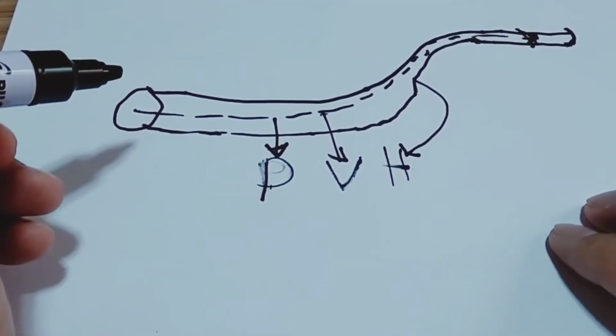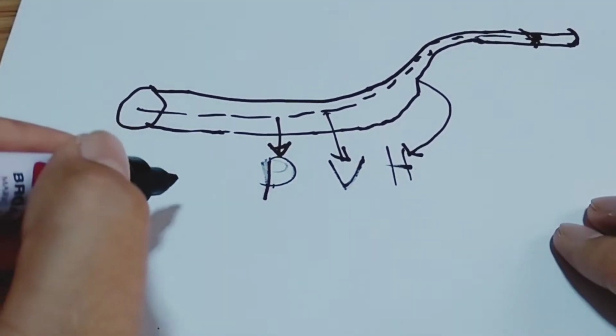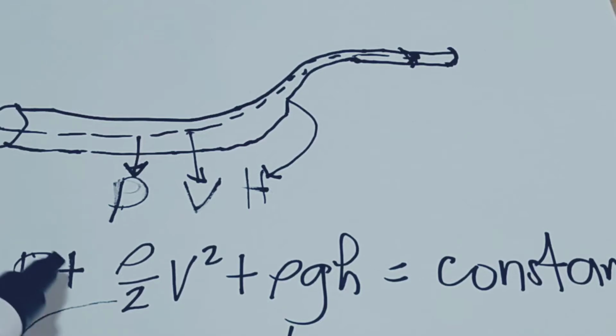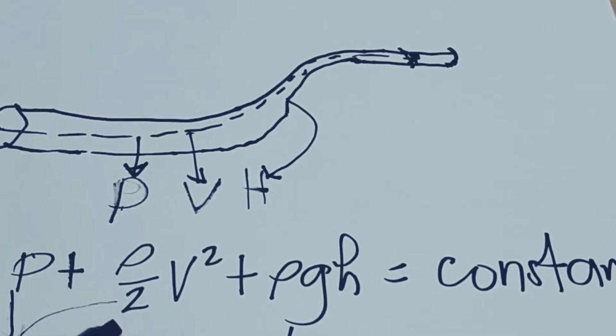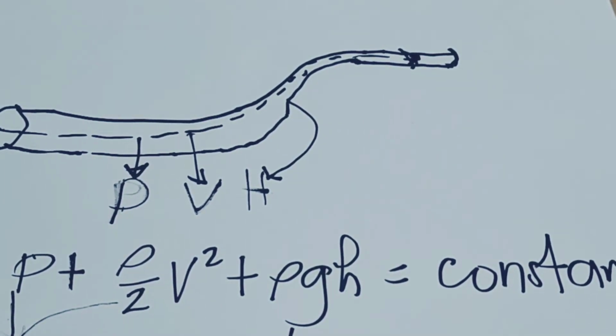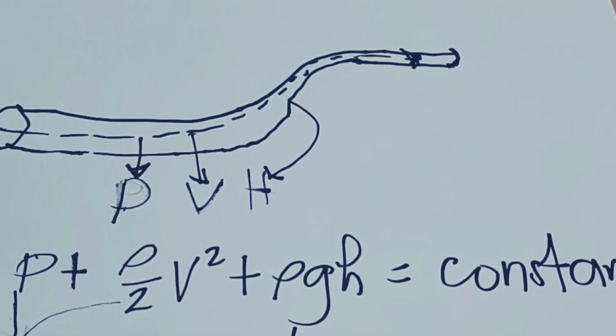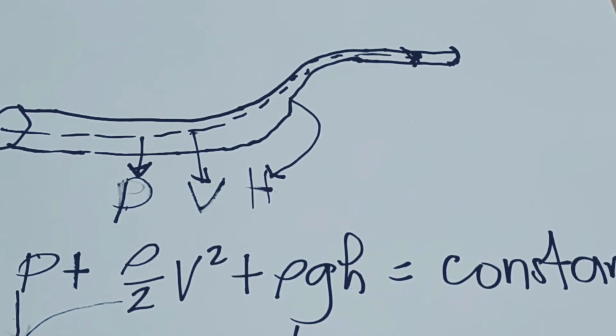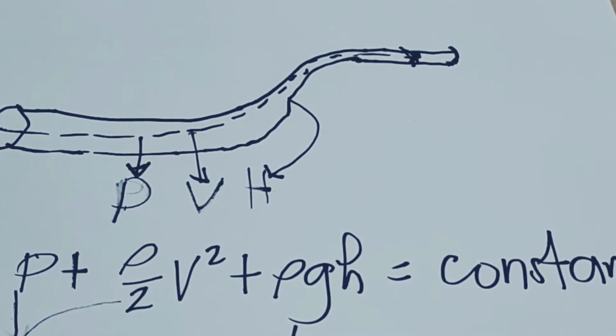And Bernoulli's principles expressed as P plus rho over 2 times V squared plus rho times G times H, which is constant. And this equation is composed of 3 terms. And these terms actually represent a pressure.